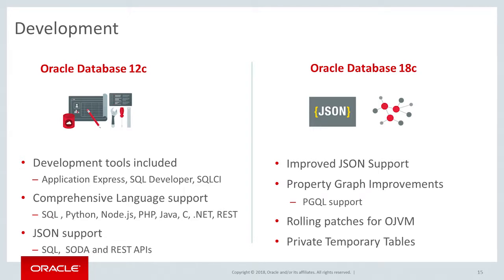Some other obvious enhancements: we've enhanced our property graph support with the introduction of property graph query language. We can do online patching of our Java virtual machine, and we've extended the functionality of global temporary tables with the introduction of private temporary tables.